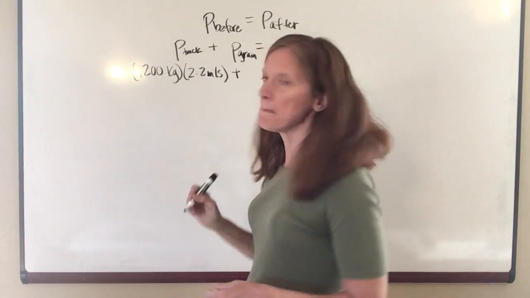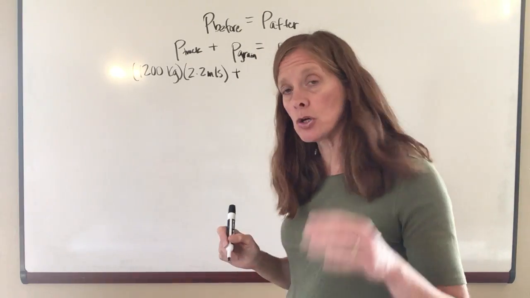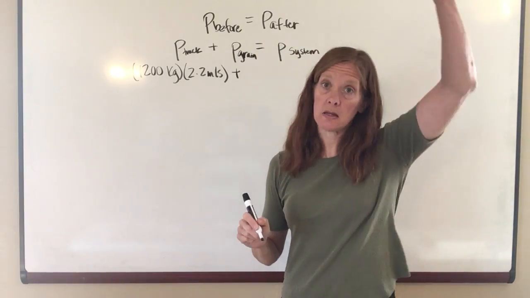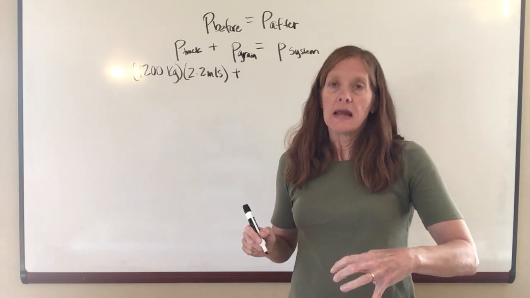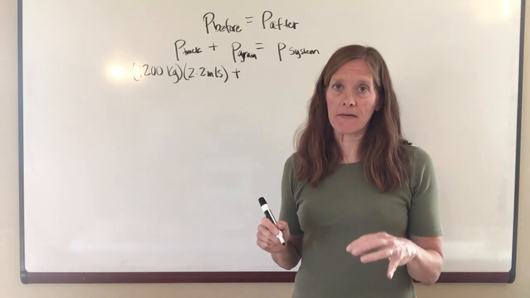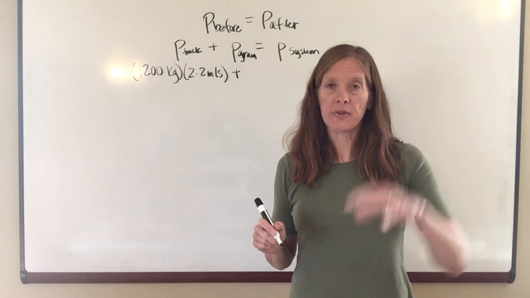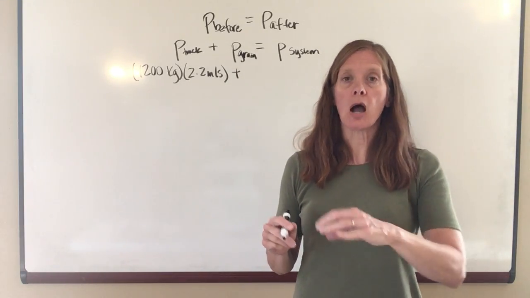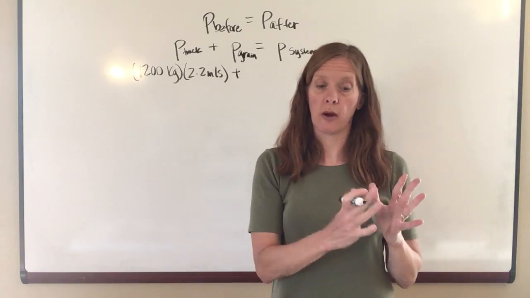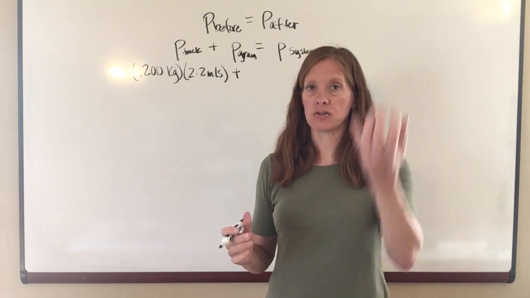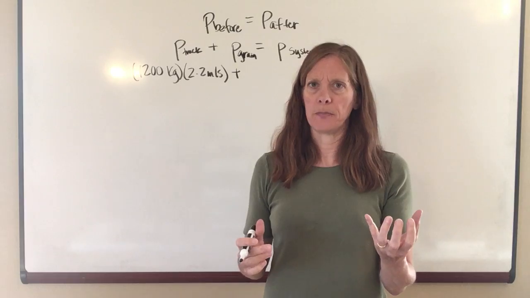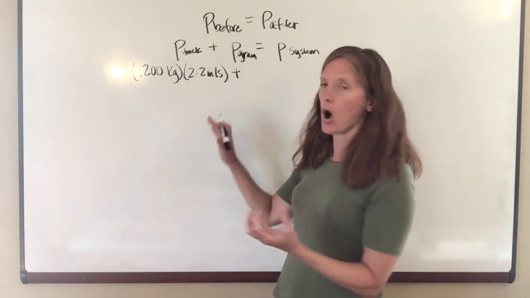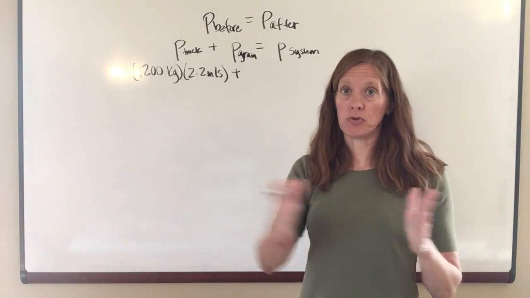Okay, the momentum of the grain. Now, I do want to point out again, this grain is falling, and yes, it does have momentum, but that momentum is in a downward direction, and we're talking only about our horizontal direction. So the momentum that it has going down isn't going to have an effect on how the truck is moving this way.